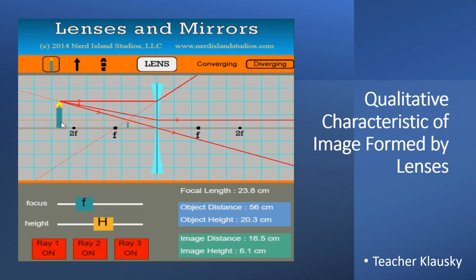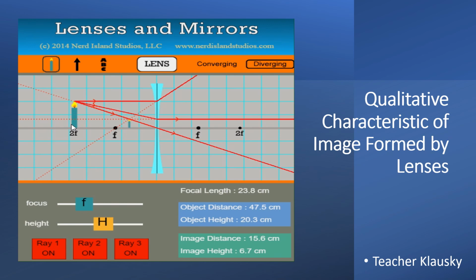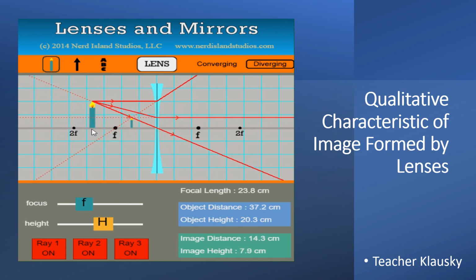Now what if we place the object at 2F? Still the same. We still have a smaller image, the location is still between F and the vertex of the lens in the first surface, the image is upright, and it is still virtual. Now if the object location is between 2F and F, the image is still smaller than the object, upright, and virtual.